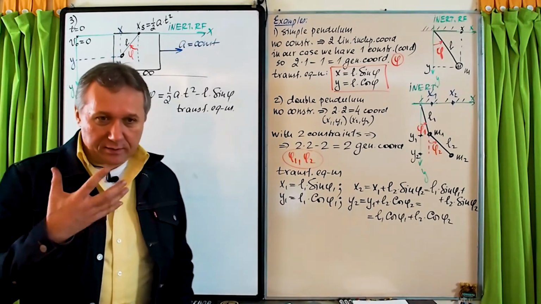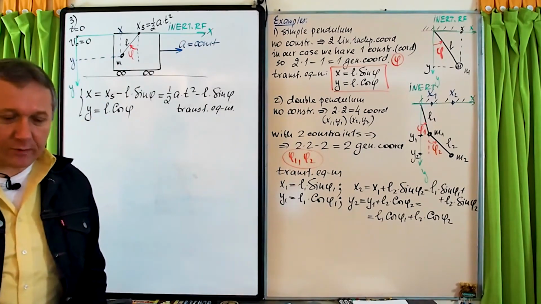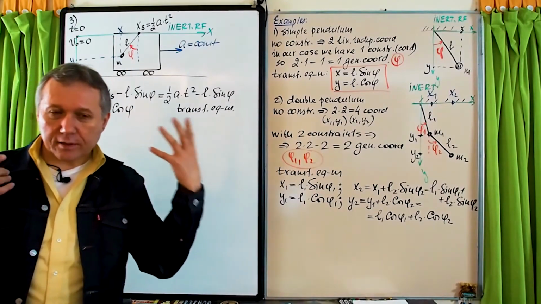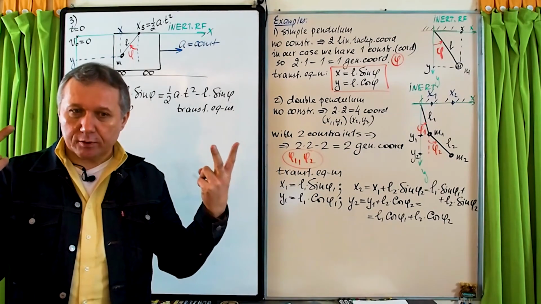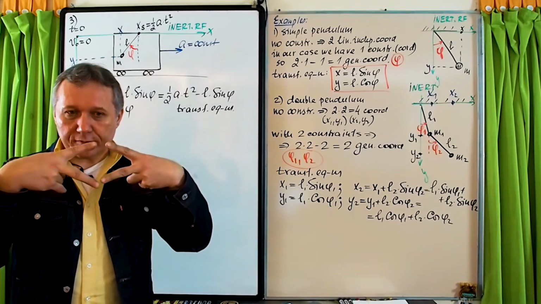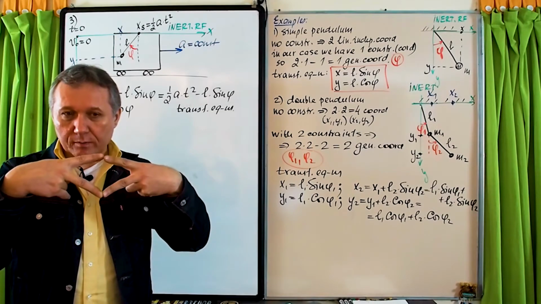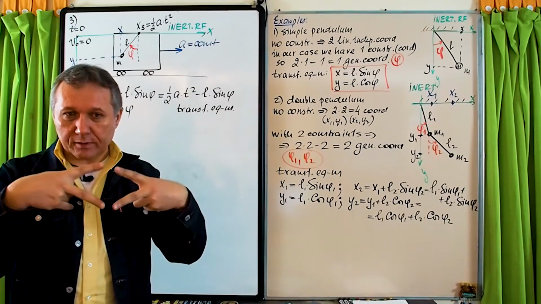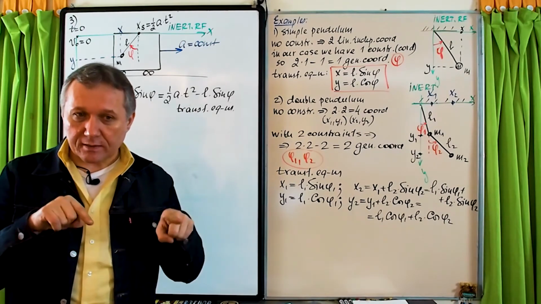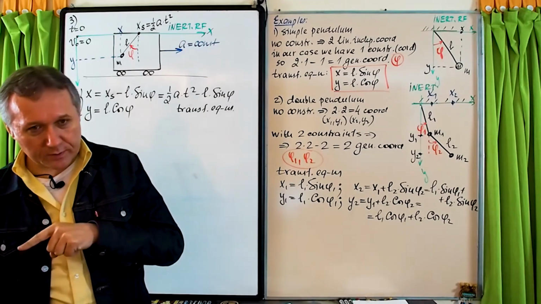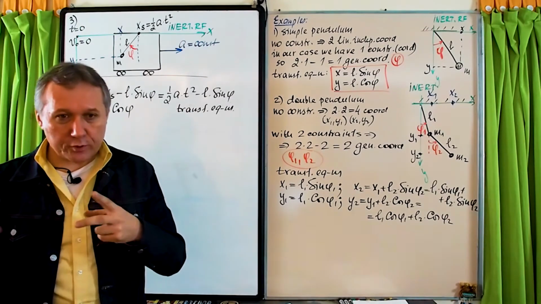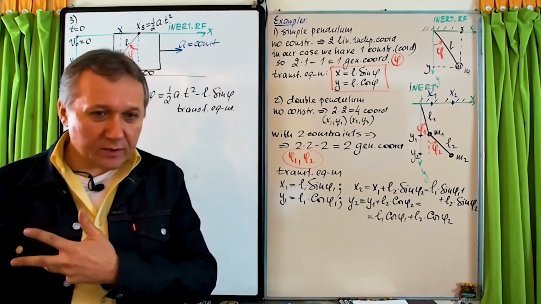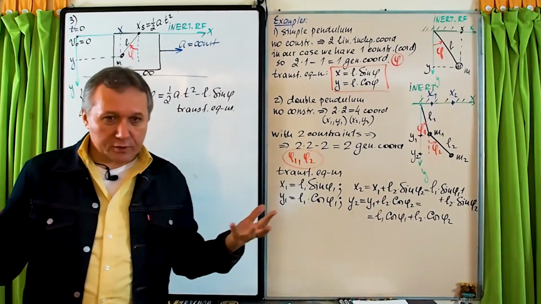If you have a mechanical system which you want to describe, and the number of generalized coordinates equals the number of degrees of freedom, if these two numbers are the same, then that system is called a holonomic system. And of course, if the number of generalized coordinates that you need is larger than the number of degrees of freedom, then it's a non-holonomic system.